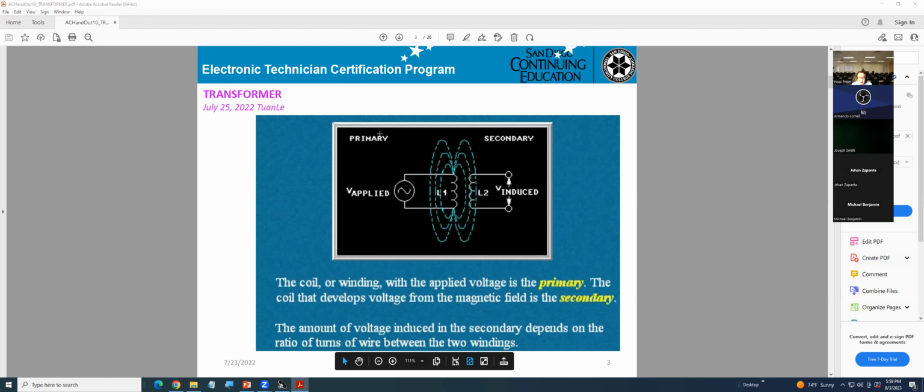If you see here, it's a primary, and this will be a secondary. The amount of voltage induced in the secondary depends on the ratio of turns of wire between the two windings.